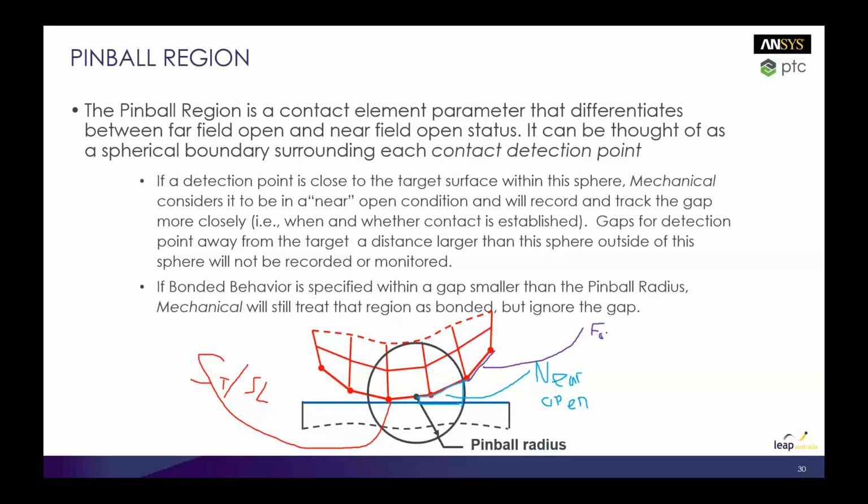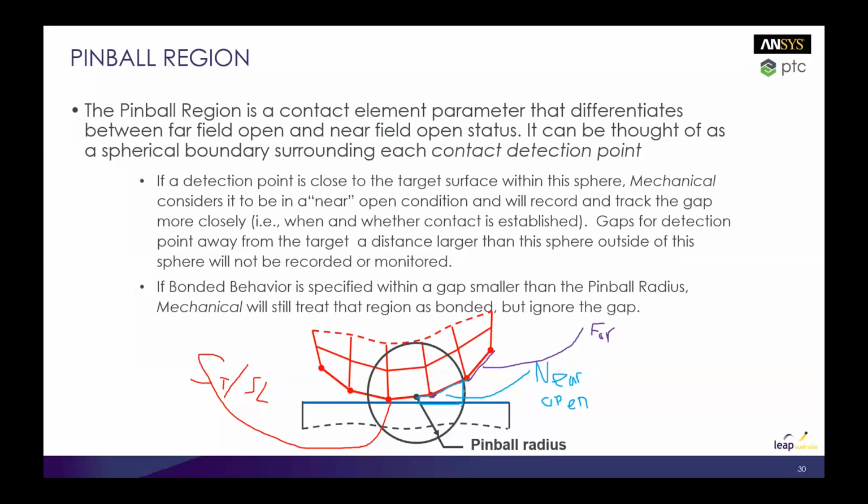Okay, so for non-linear contact, if this was a wheel that was rolling, it's only looking for impending contact within the pinball region. In the next iteration, only that node can establish a new contact.